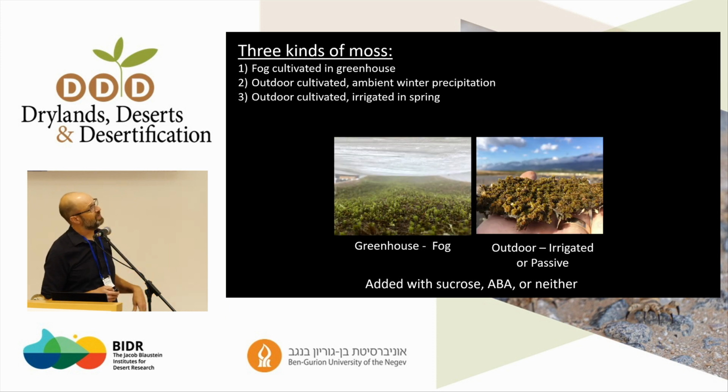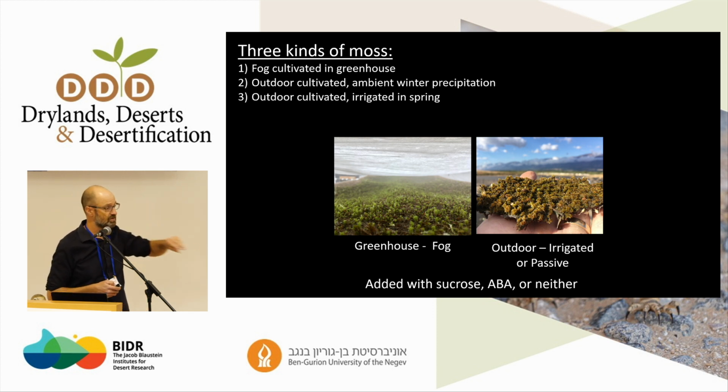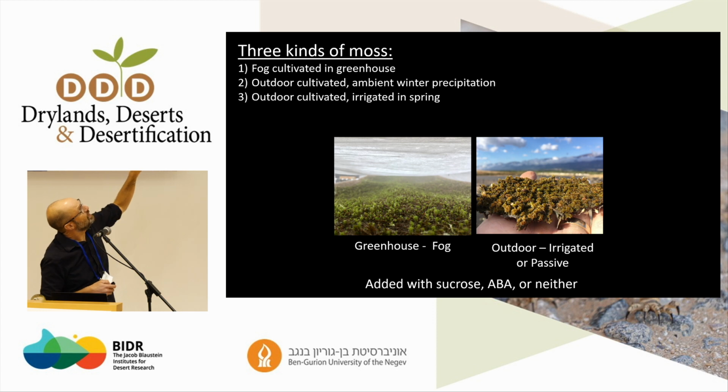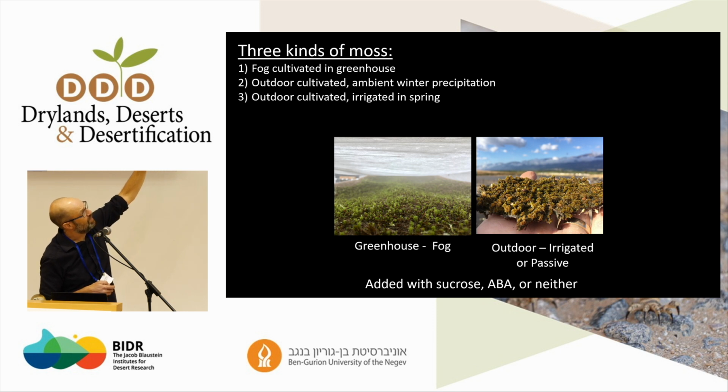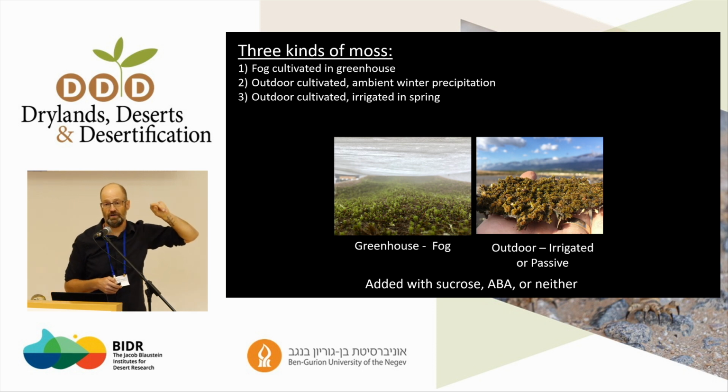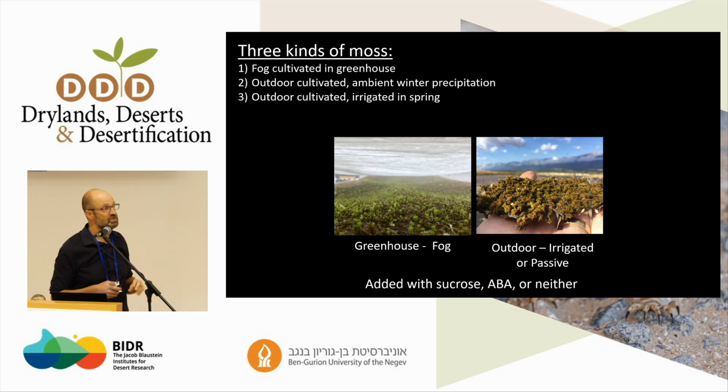In this experiment I'm about to show you, we also produced moss 3 ways. So we just took the moss component from the biocrust, we cultivated it in that fog system I showed you earlier in the greenhouse, and then we did more of an outdoor grow with 2 kinds of irrigation strategy. One was just passive, whatever rain and snow that was received at the farm in the winter.